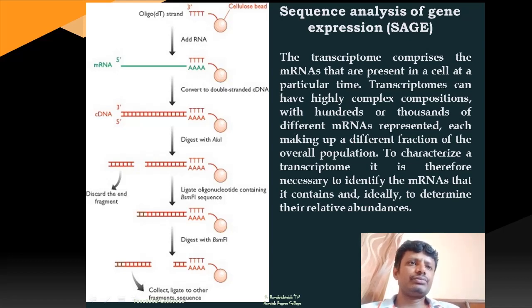This is the calculation: a 12 base pair sequence should appear in the genome once in every 4 to the power of 12 times. Got it? The average size of an mRNA is around 1500 base pairs. So 4 to the power of 12 is equivalent to the combined length of 11,000 transcripts. Got it?